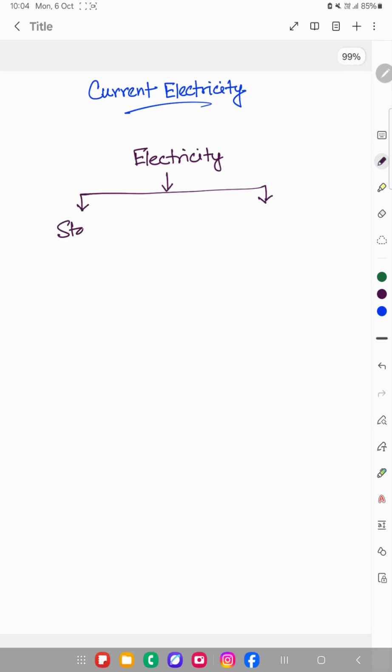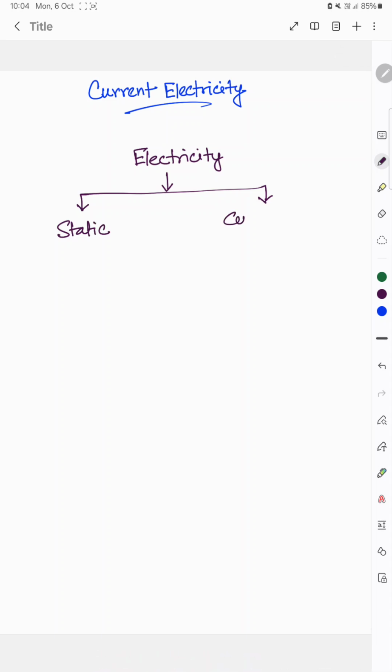One is static electricity, another is current electricity. So what is static electricity? When the electrons or the charges are not moving. And what is current electricity? When the charges are moving. So there is a current flow, right? In this class we will be talking about current electricity.